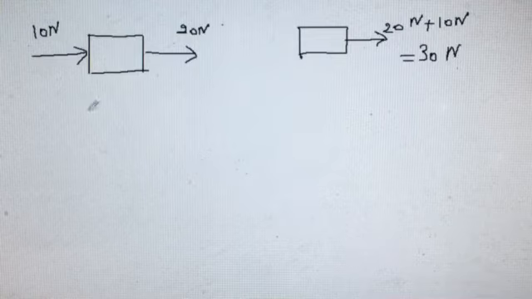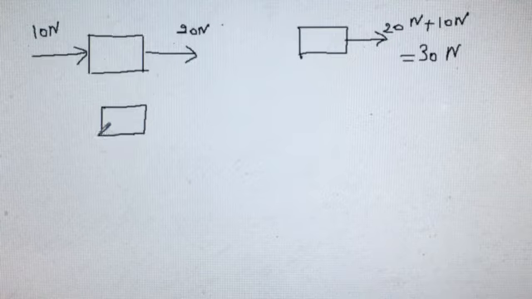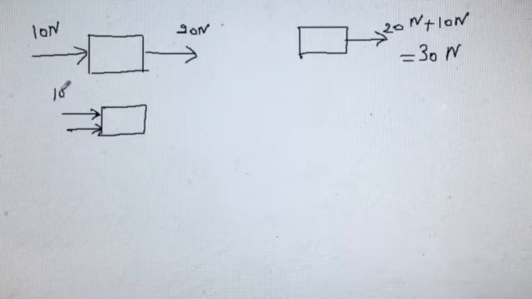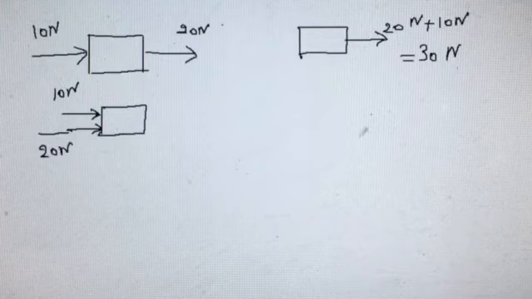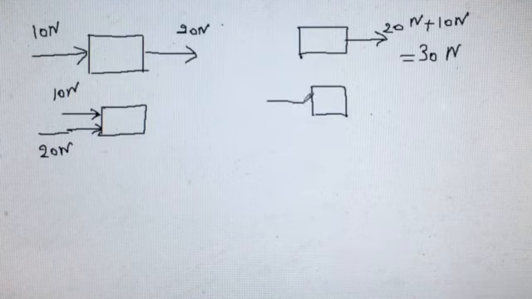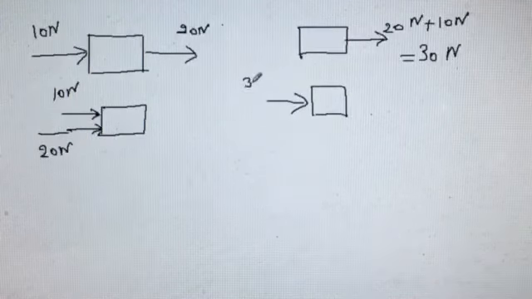You may also draw this diagram as follows: 10 Newton, 20 Newton, and the resultant may also be drawn as 30 Newton.